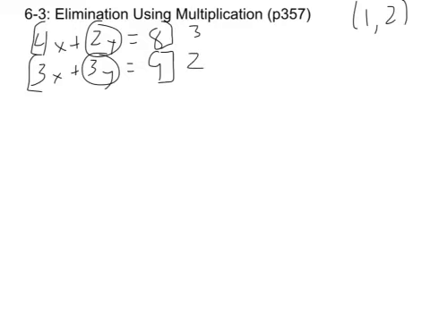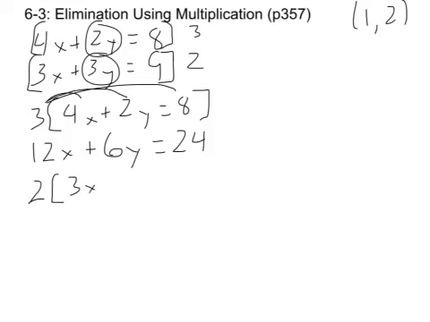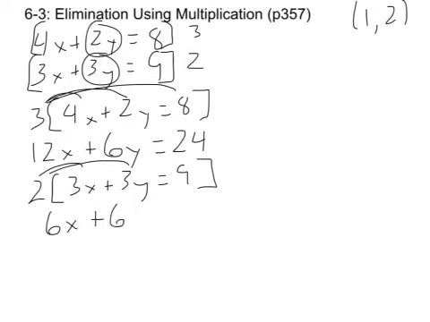I've got 3 times 4x plus 2y equals 8. 3 times 4x is 12x plus 3 times 2y is 6y equals 3 times 8 is 24. And then I've got 2 times 3x plus 3y equals 9. 2 times 3x is 6x plus 2 times 3y is 6y equals 2 times 9 is 18.